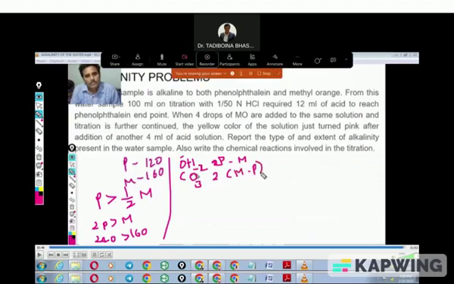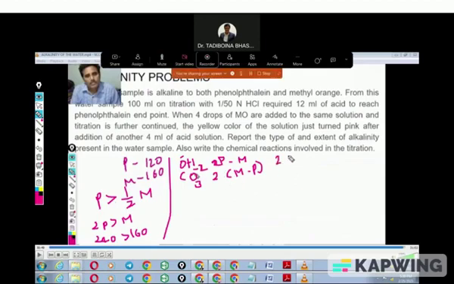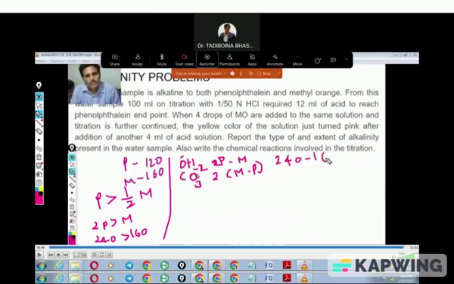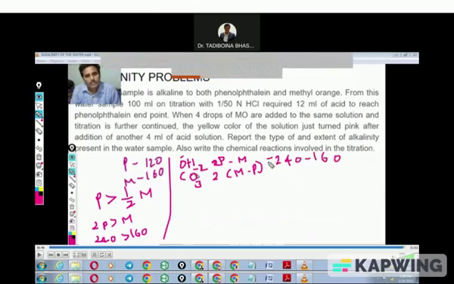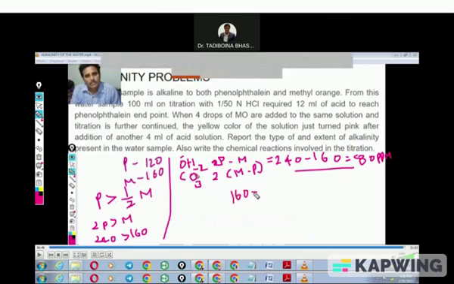Here 2P minus M will give the hydroxyl ions, whereas 2 into M minus P will give the carbonate ions. So based upon this formula, just substitute the values: 2P equals 240, minus the M value, 160. That is 80 ppm, the hydroxyl amount. In the same manner, for the carbonate ions, 2 into M minus P, where the M value is 160 and the P value is 120.